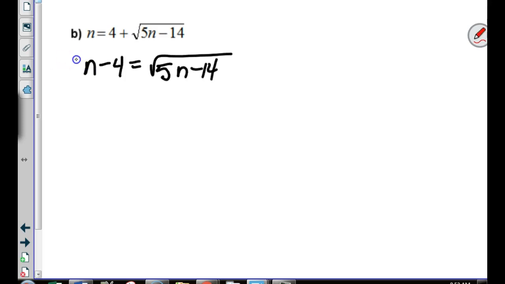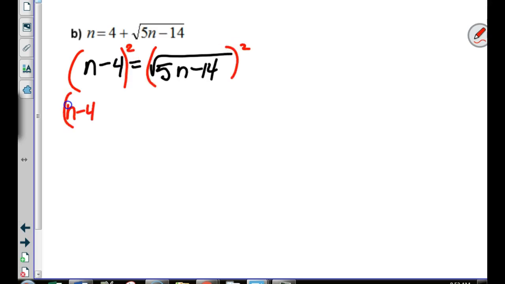What about B? What do you have to do here? Subtract the 4. And then square both sides.